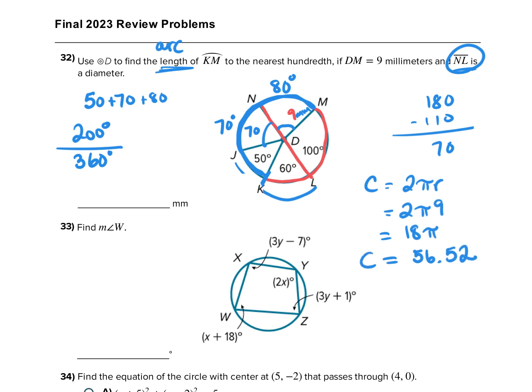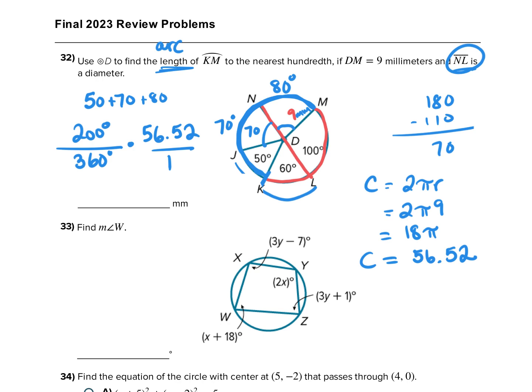Okay, so that's the total circumference. But I only want a portion of the circumference. So I'm going to take that 56.52 and multiply it times the portion that KM represents, which is 200 over 360.